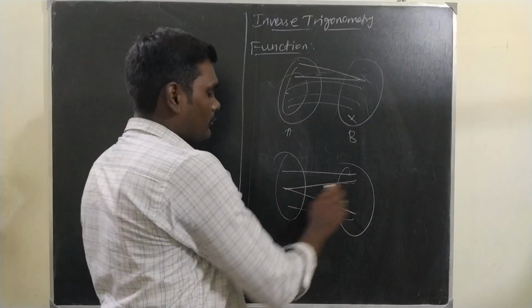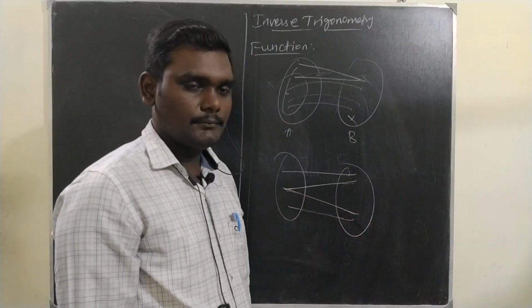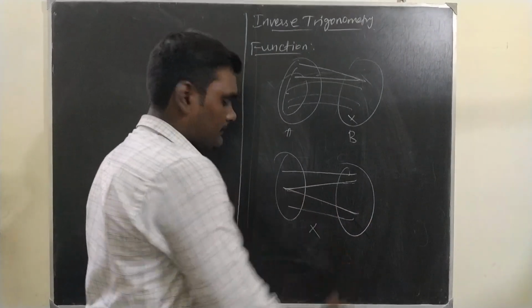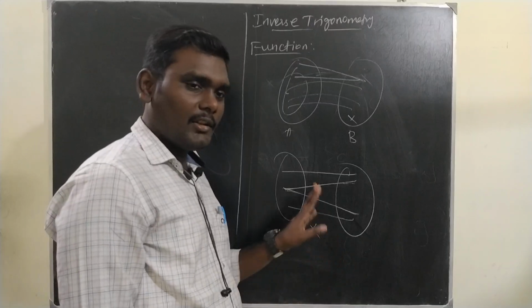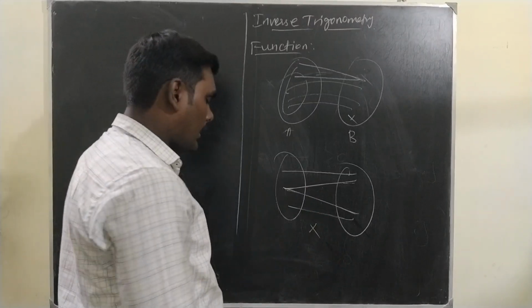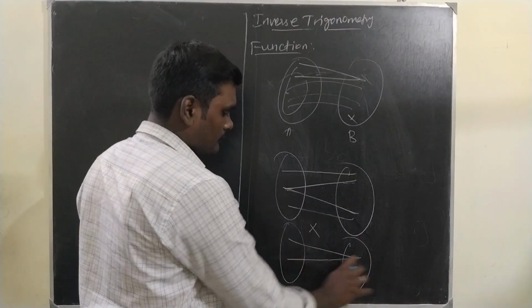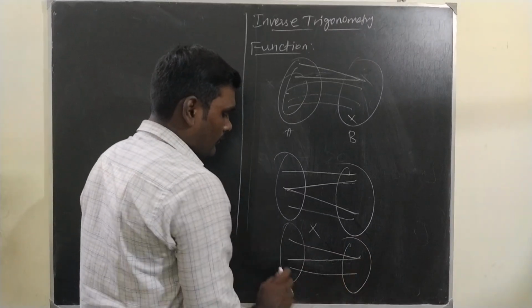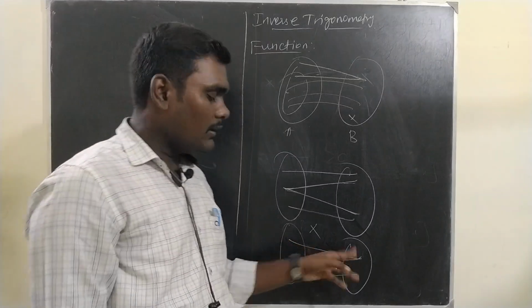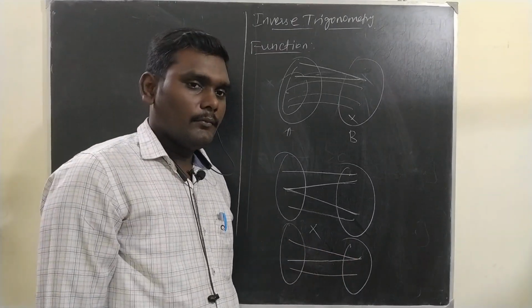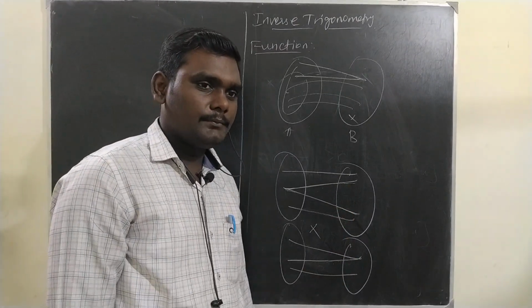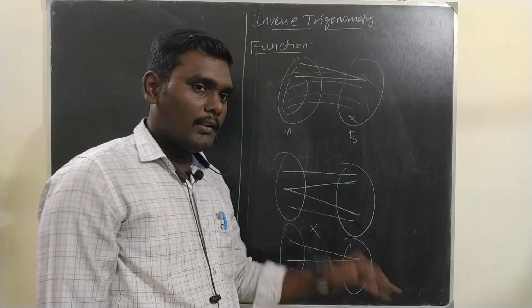In another, this person is going to two schools. Is it fair? No, it is not. So this is simply a relation, not a function. And in the other one, two boys are going to one school. Is this fair? Then it is a function.